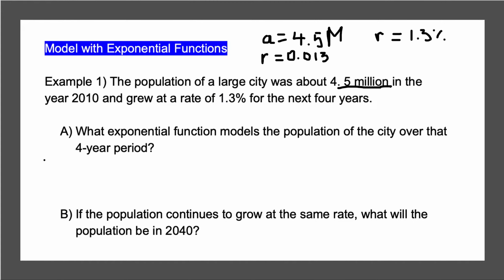Let me rewrite the formula. A of t is a times (1 plus r), everything to the power t. And now let me substitute the known values for a and r. For a, I have 4.5 million.